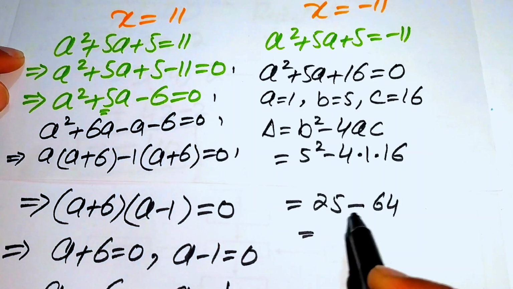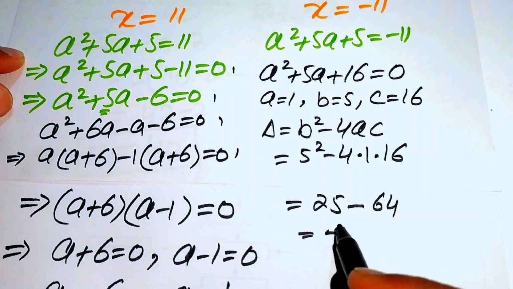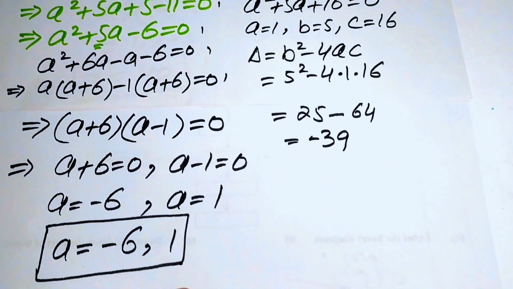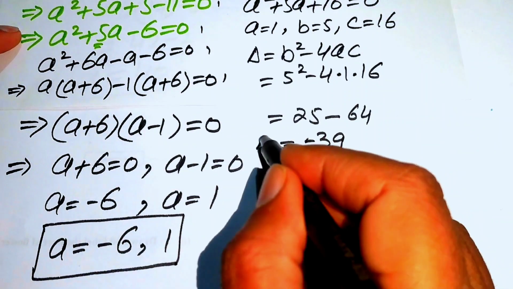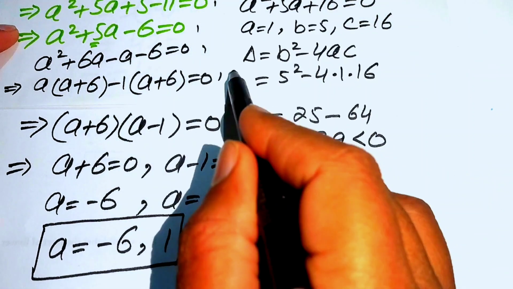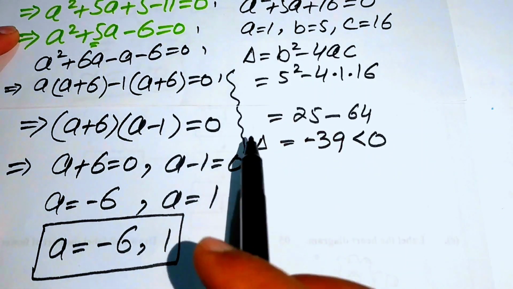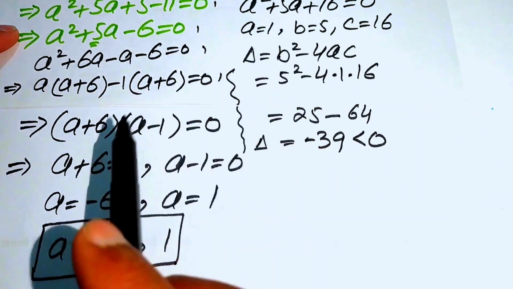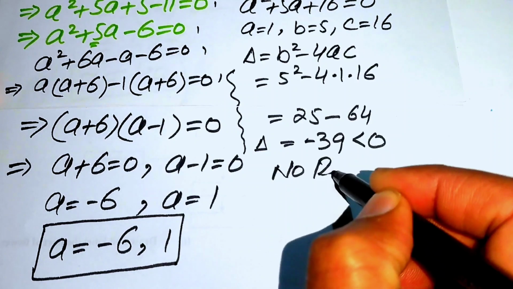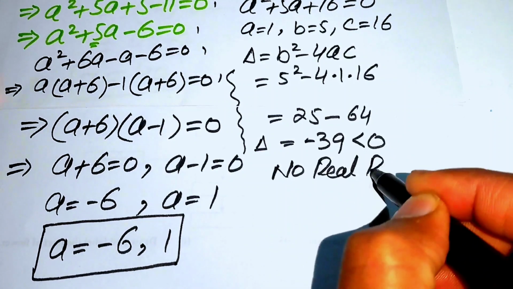So when we subtract 25 minus 64, then we get minus 39. So here our delta is minus 39, and it is less than 0. It means that this quadratic equation does not have real roots. So here we just write no real root.